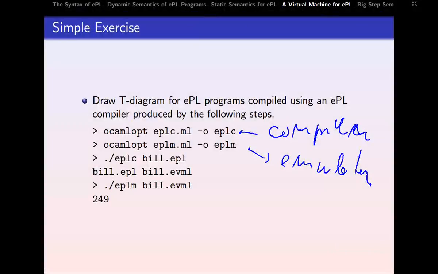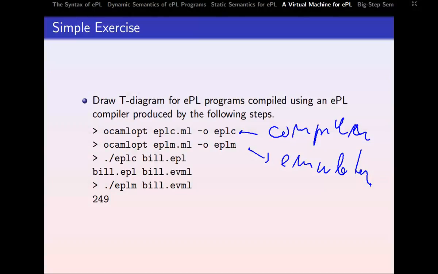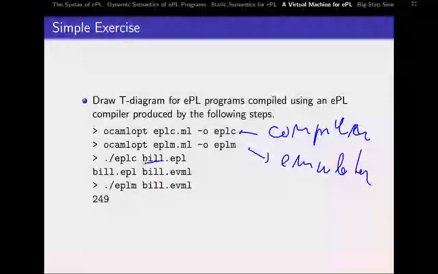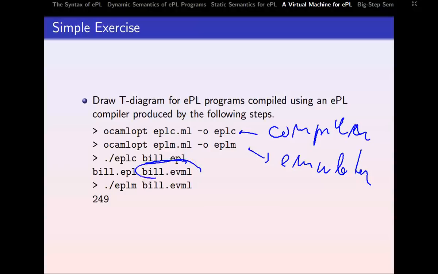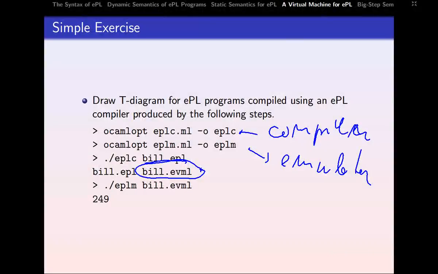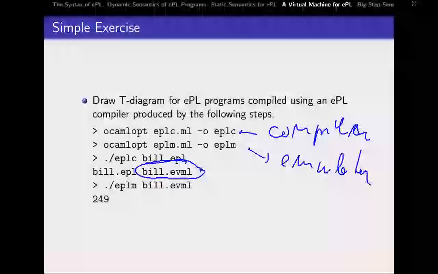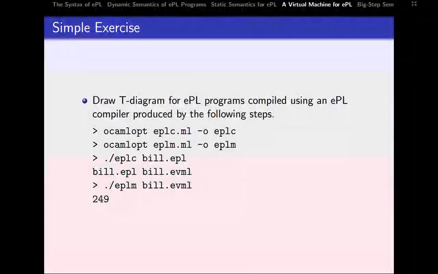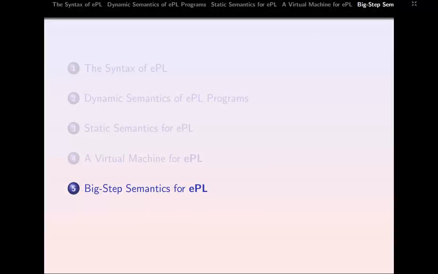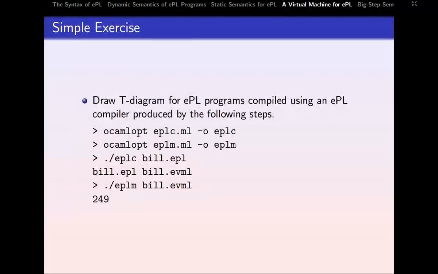The compiled expression executes on top of the EVML emulator. Then we compile our program, our expression, and we would produce this file, build.evml. Then we execute that on the emulator, and we get a result. It's left as an exercise for you to do that. It's going to be covered in the lab. Questions so far?